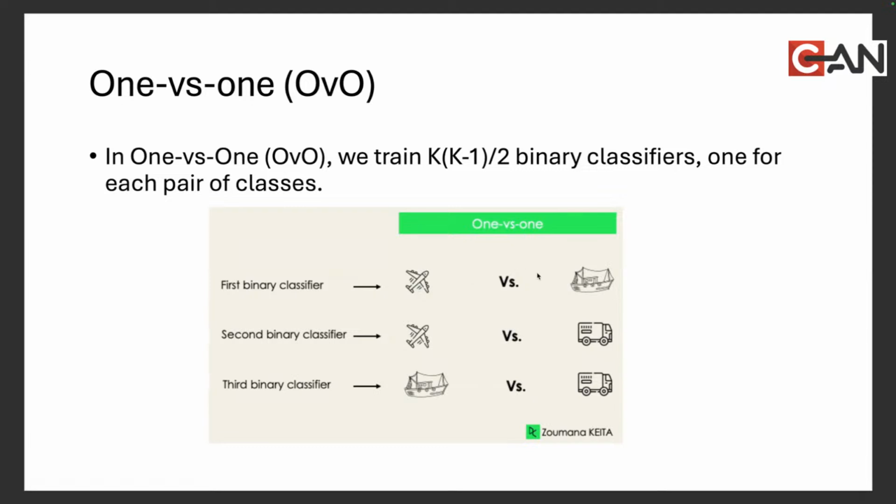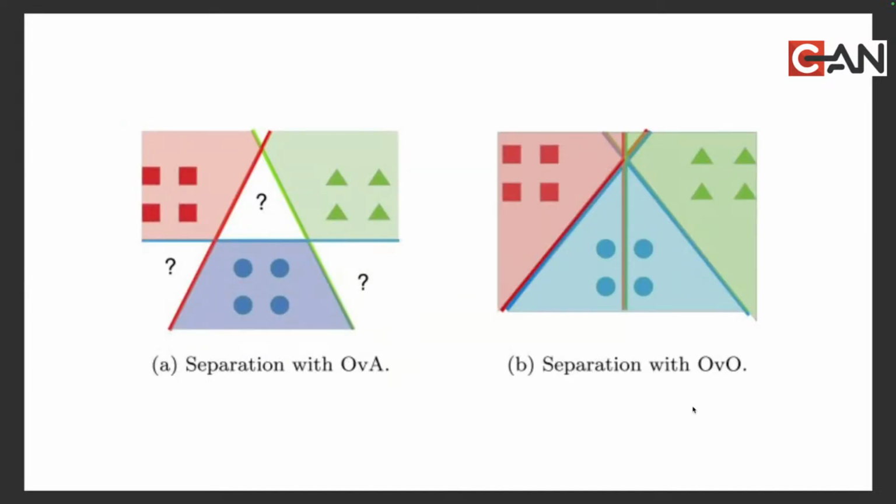So this just says, is it a plane or is it a ship? Is it a ship or is it a truck? Is it a boat or is it a truck here? So this is just very typical binary classification specific to 2 categories. You're asking it to decide separation between 2 categories. So 1 versus 1.